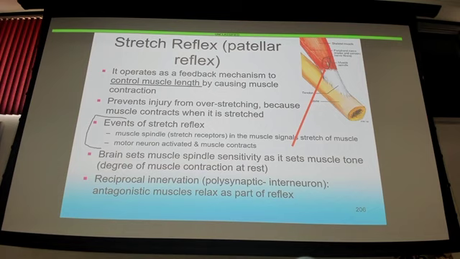And a reflex will cause the motor neurons to be activated that cause the muscle to contract.